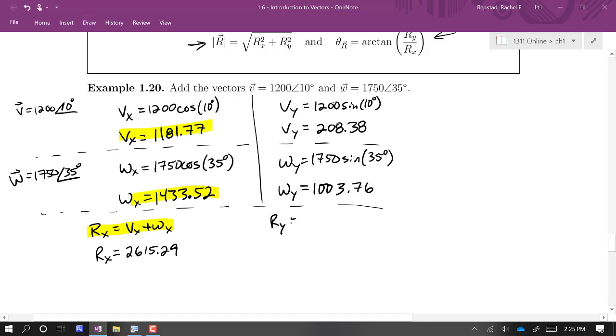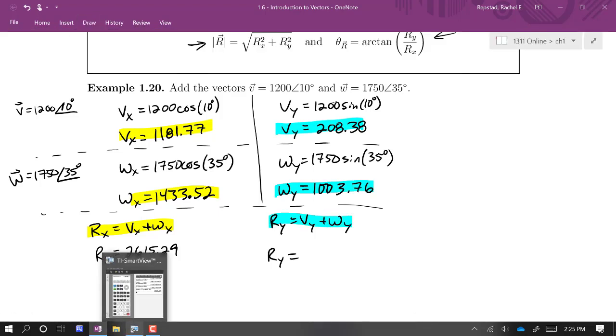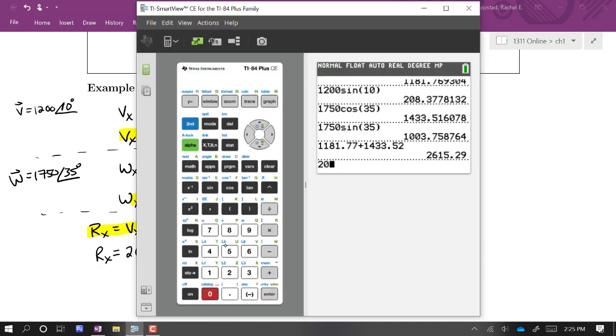And our y is Vy plus Wy. So I'm going to add these two things: 208.38 plus 1003.76. So it's 1212.14.